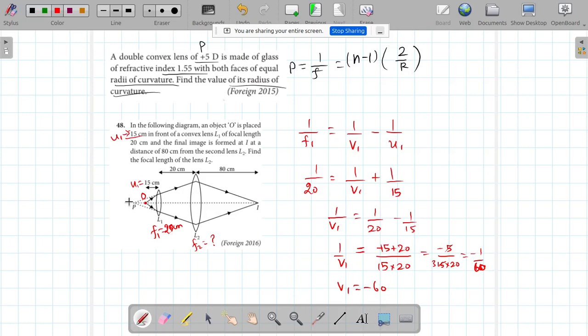Actually our final image is located somewhere behind the lens L1. It is also in the backside of the lens L2.